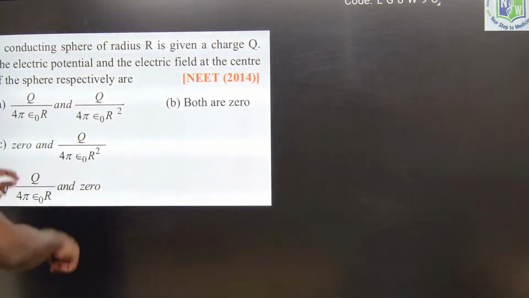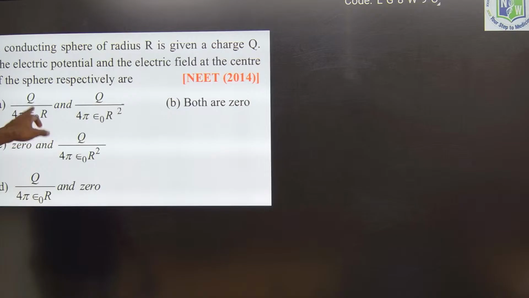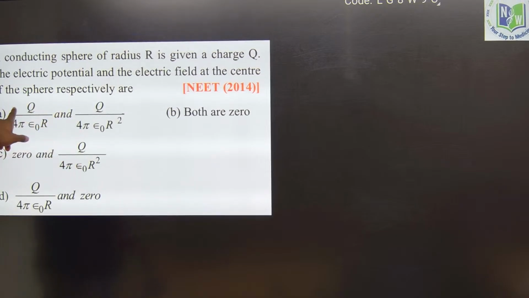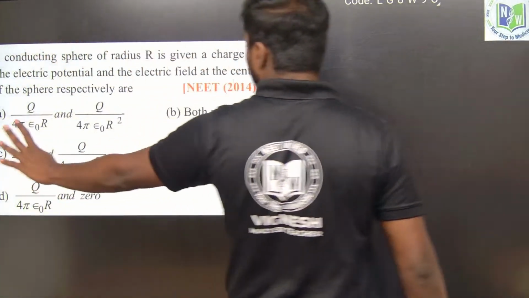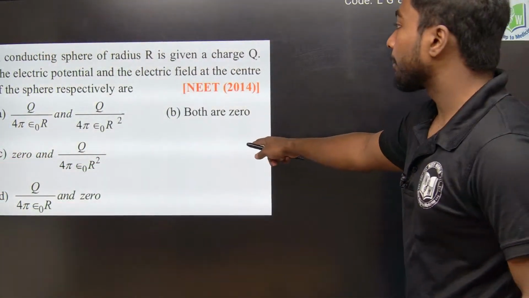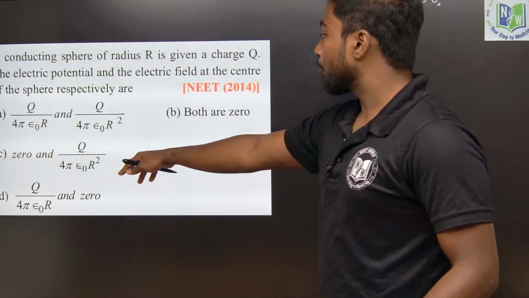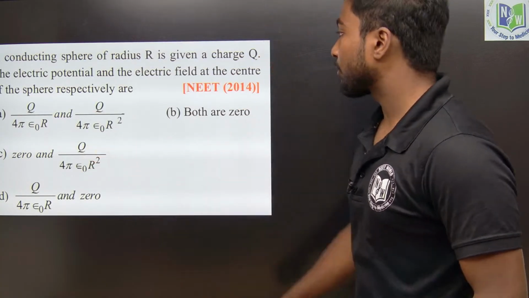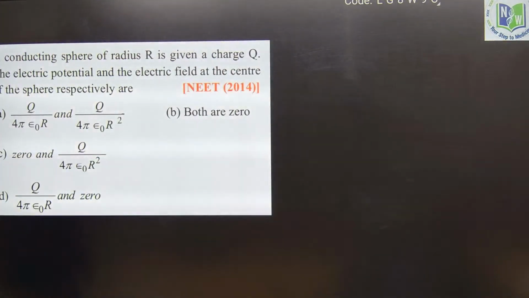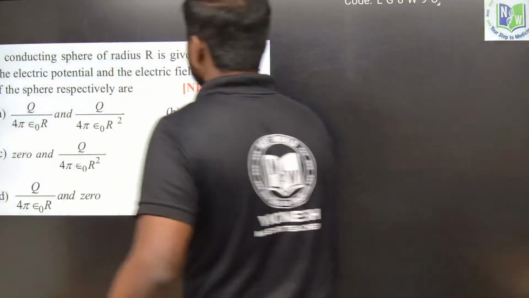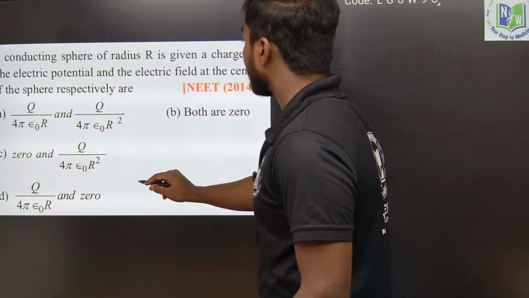Option A will not come, 1 by 4 pi epsilon naught into Q by R, because they are talking about the potential and electric field at the center.